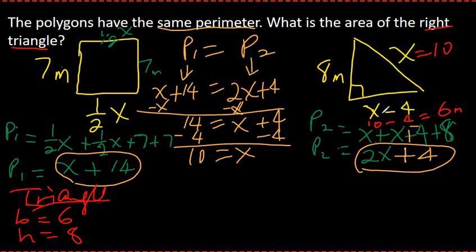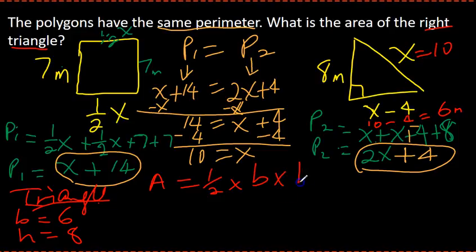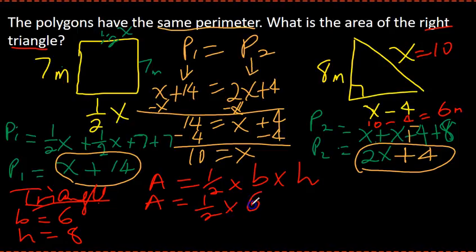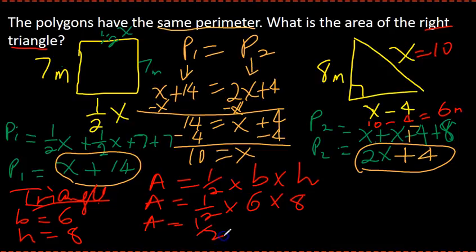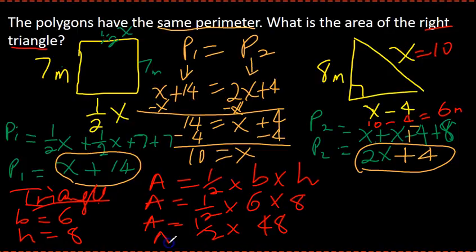So the area of the triangle is 1/2 times base times height. So 1/2 times the base, 6, times the height, 8. Area equals 1/2 times, 6 times 8 is, on your calculator, 48.